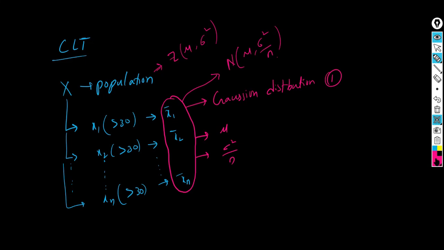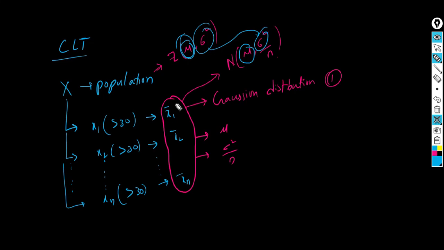Here these two mu values, the means, will be the same, and the variance that we will get is the variance by n. This way we will get the mean of the population data. That's the next thing we discussed before.